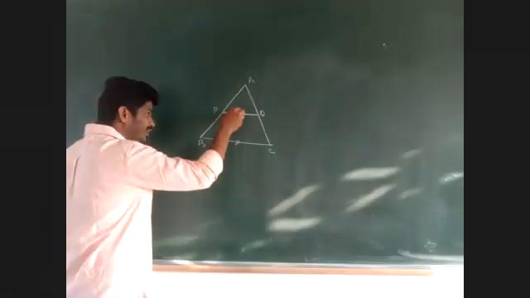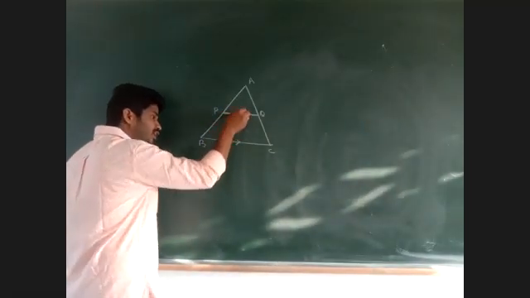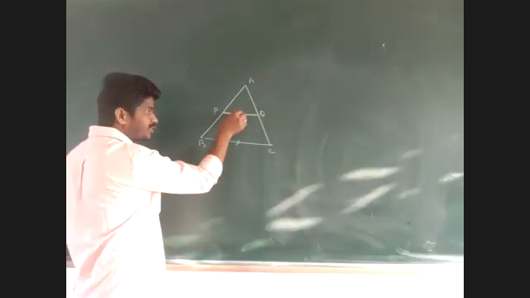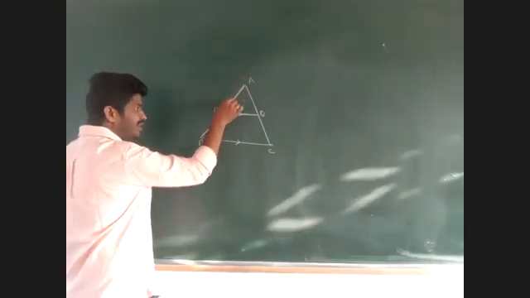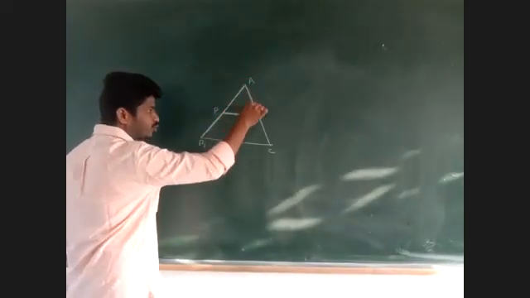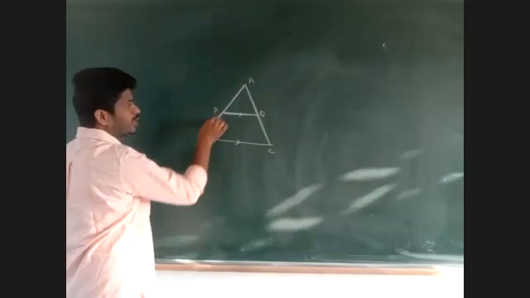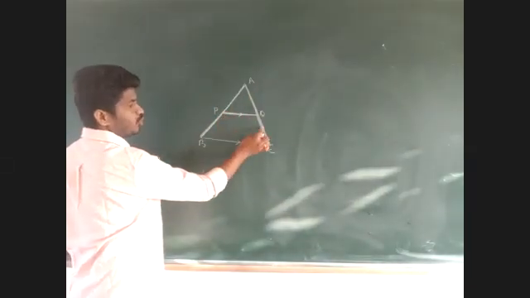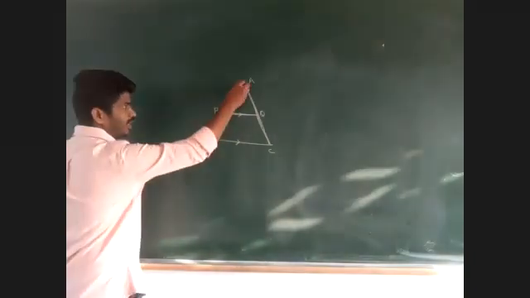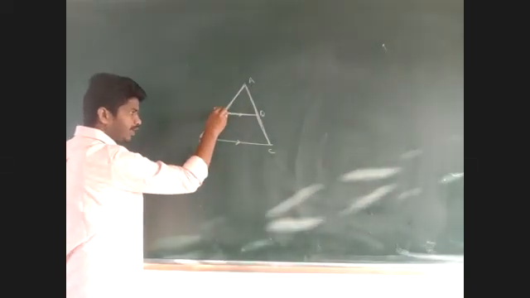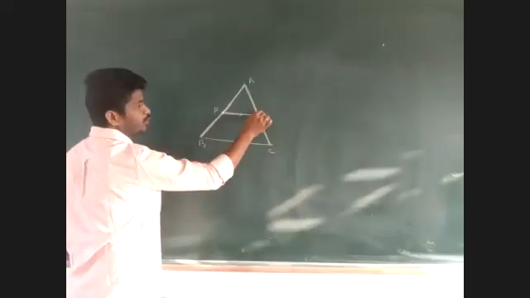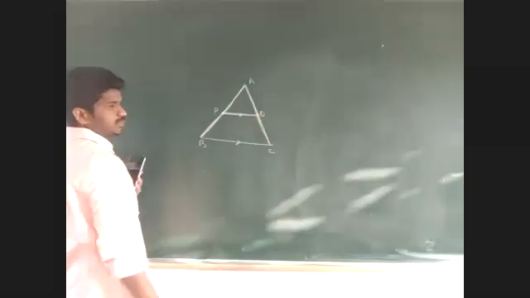Now, the given condition is PQ is parallel to BC. Then this PQ line divides the other 2 sides, AB and AC, in the same ratio. In the same ratio means AP by PB equal to AQ by QC.